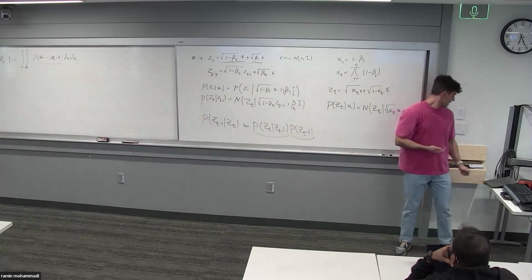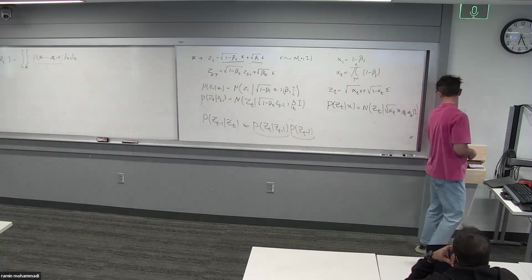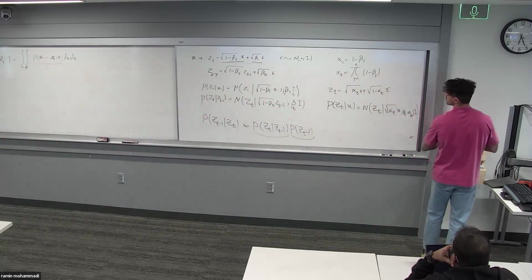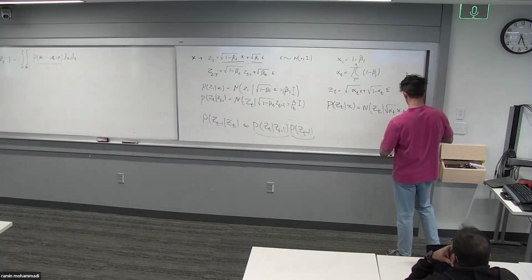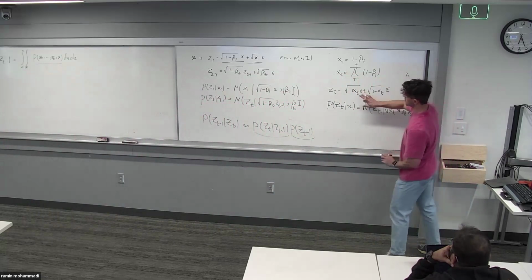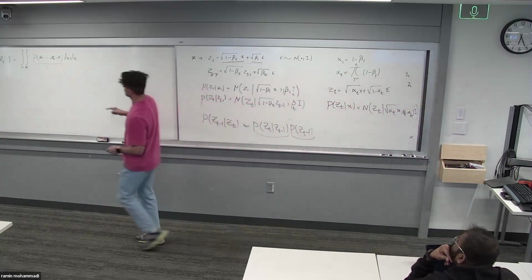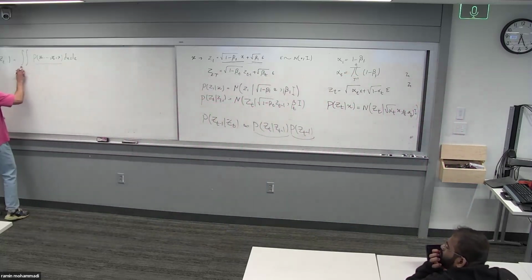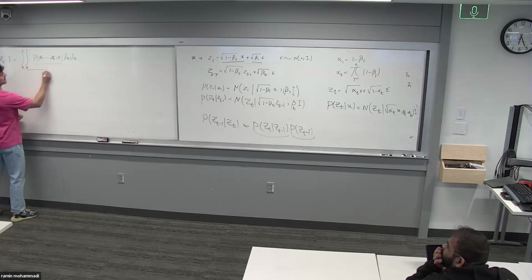So if I use this definition, let me change this x, z. Technically, instead of having this with respect to z, I can just use a diffusion kernel.